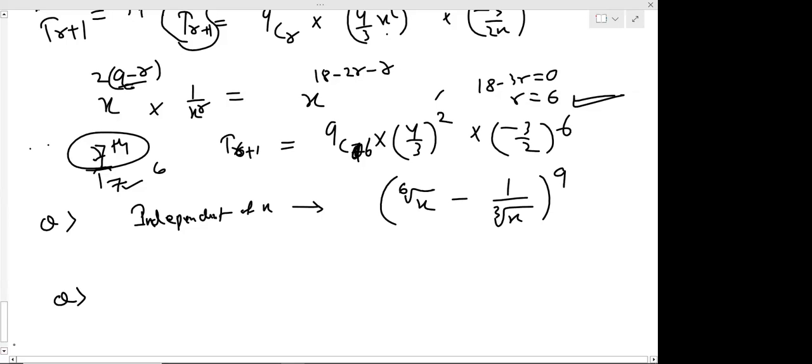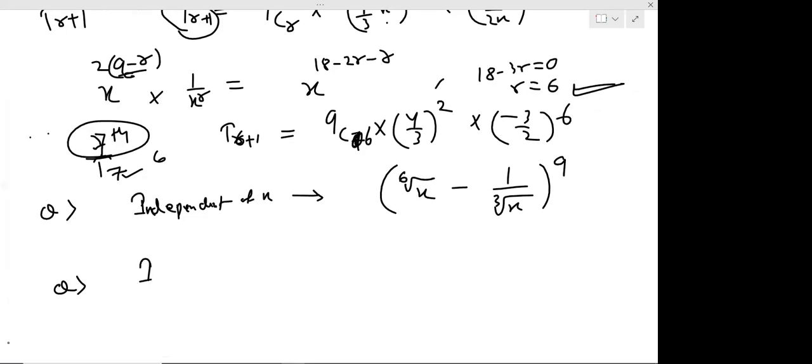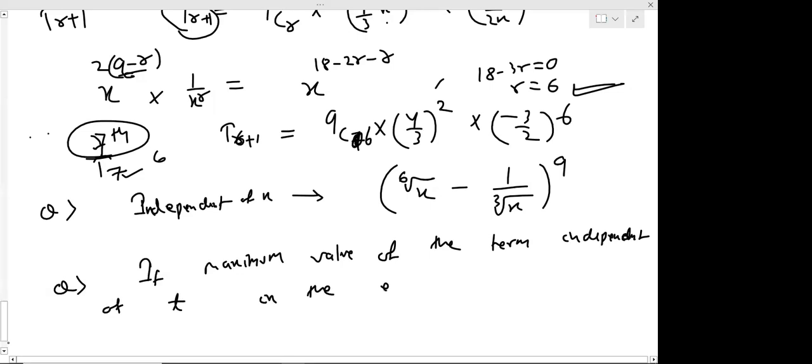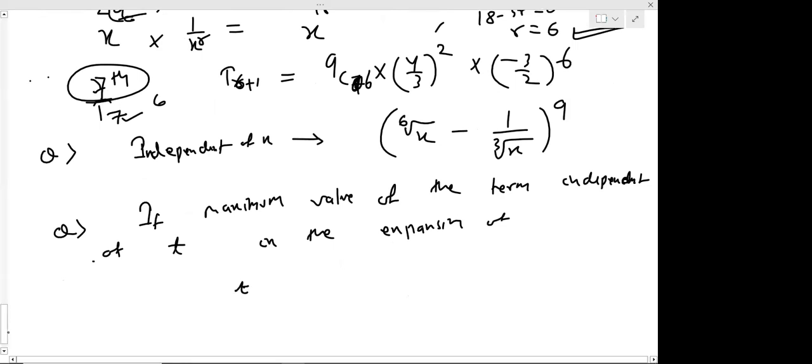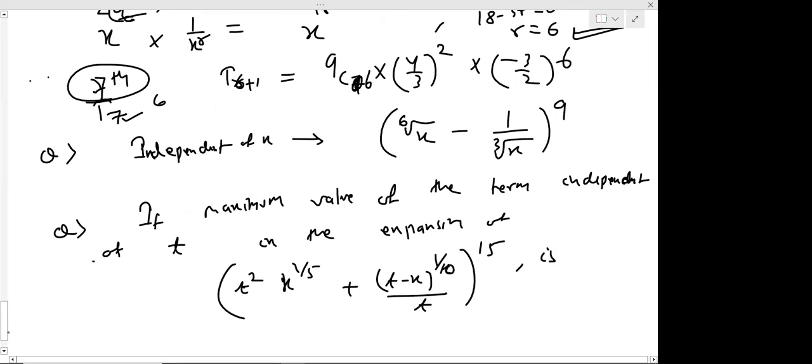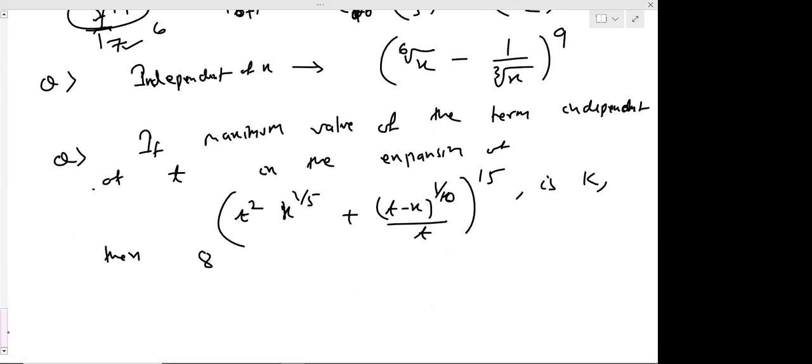Second one: if the maximum value of the term independent of t in the expansion of (t square x to the power 1 upon 5 plus (t minus x to the power 1 upon 10)) whole divided by t to the power 15 is k, then 8k is dash.